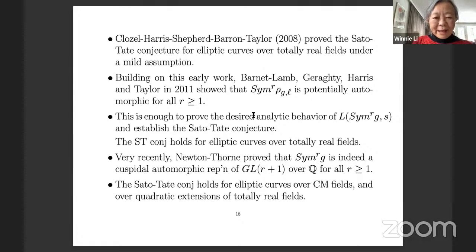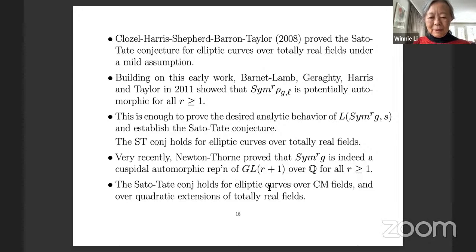I should just add that this idea about potential automorphy of Galois representations, and from that the property to the behavior of the L function on the boundary of absolute convergence, was used again in more recent developments to prove the Sato-Tate conjecture for elliptic curves over CM fields.